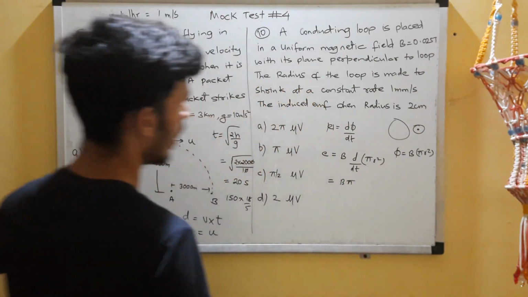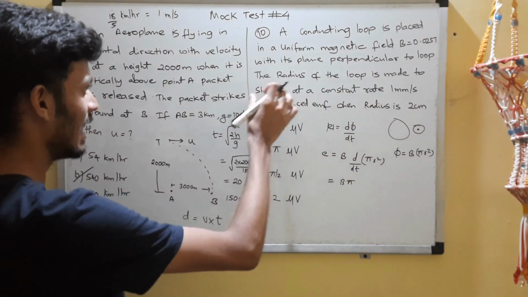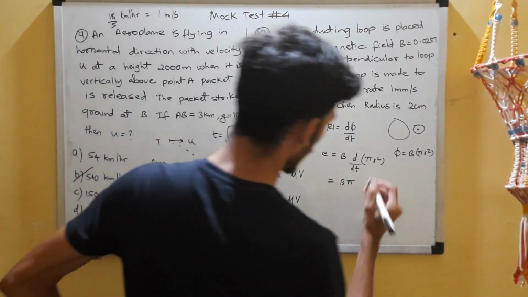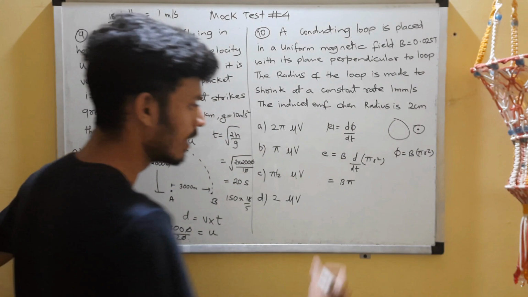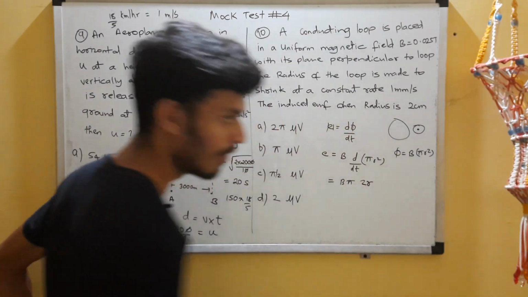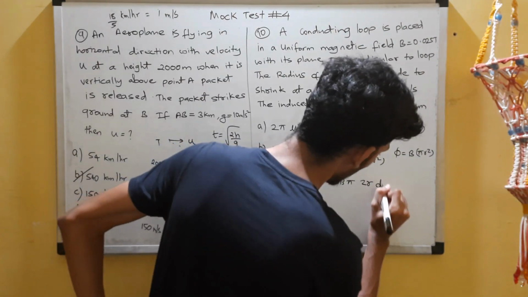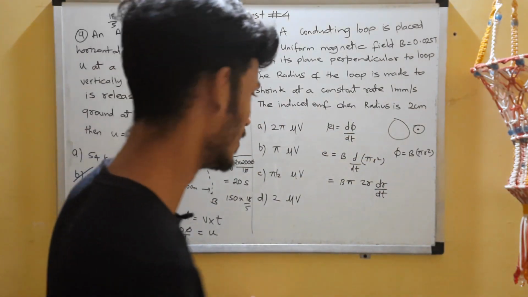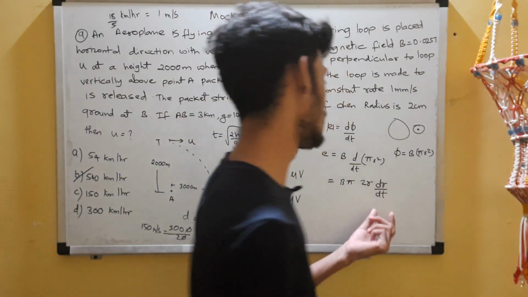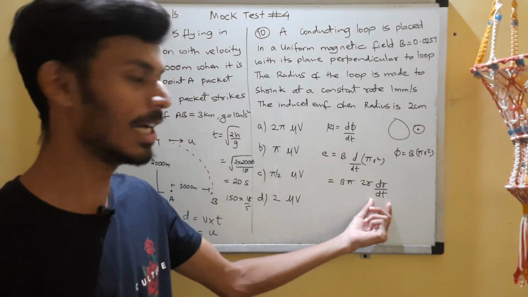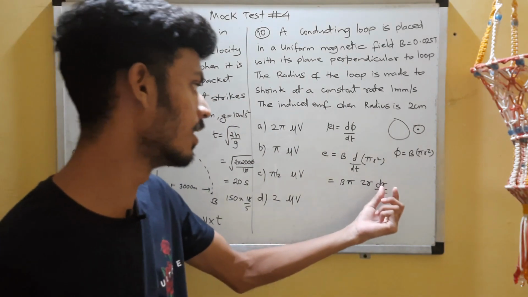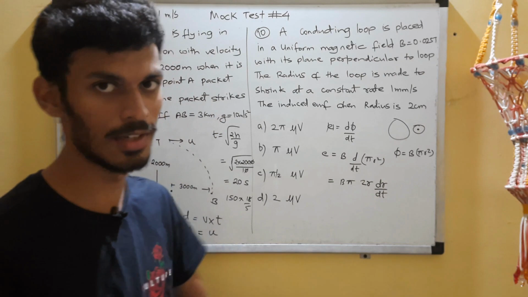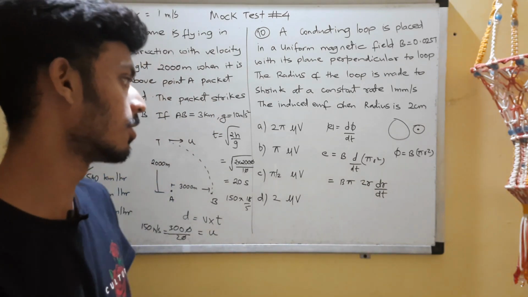The derivative of r, if you see, r is changing, right? The radius is shrinking with time, so it's changing with time. So derivative of r square is 2r, and very, very important, dr by dt. Okay, applications of derivative vibes. So yes, you are supposed to differentiate that as well, dr by dt, right? Because it is not in terms of dr, it's in terms of dt. So that factor also remains.